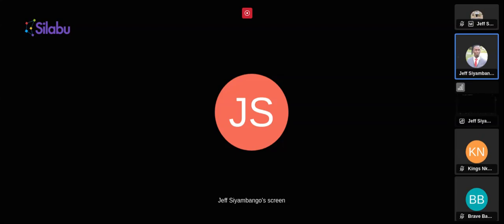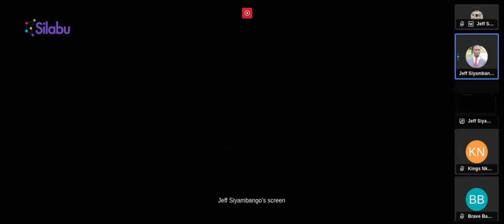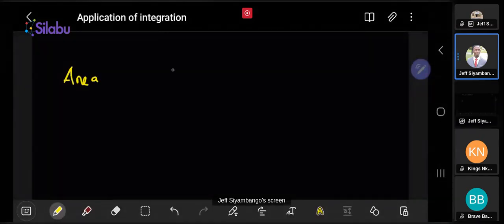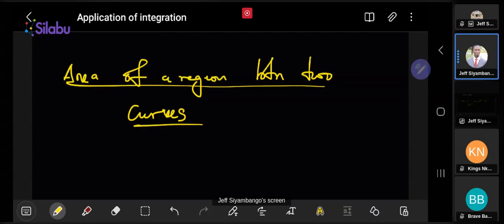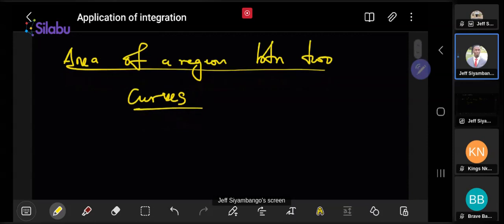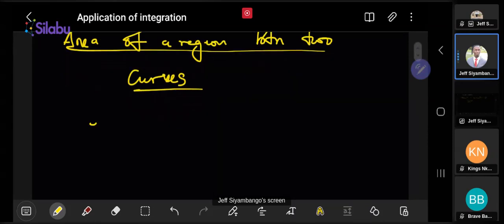But to start with, let's look at how we can use integrals to evaluate the area of a region. Let's look at the region between two curves. Now this is the easy part, so that's what we're going to start with tonight. Suppose we have two functions.